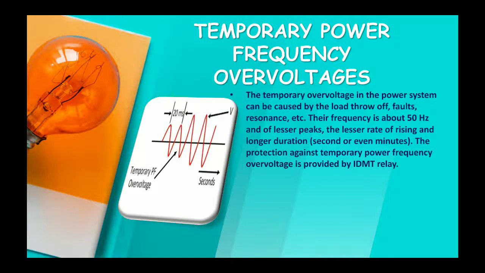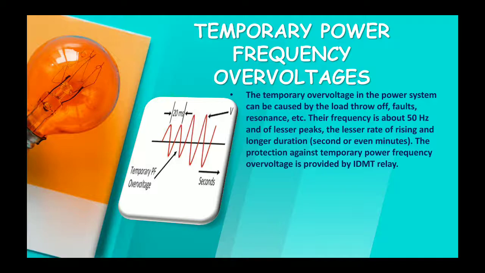The temporary overvoltage in a power system can be caused by load throw off, fault, resonance, etc. When the load is suddenly cut down, the frequency is about 50 Hz with lesser peak, lesser rate of rising and long duration, seconds or even minutes.